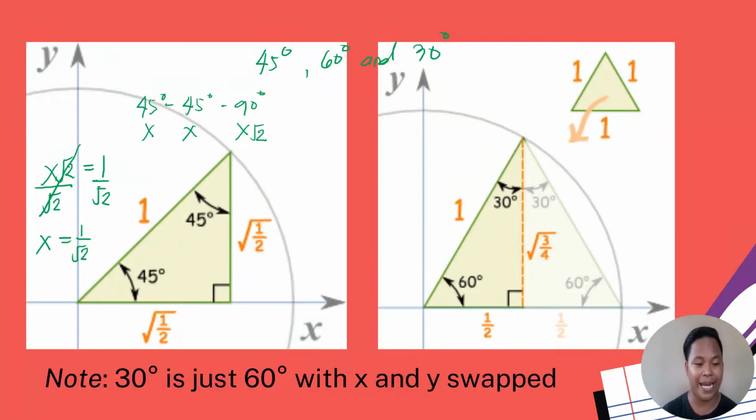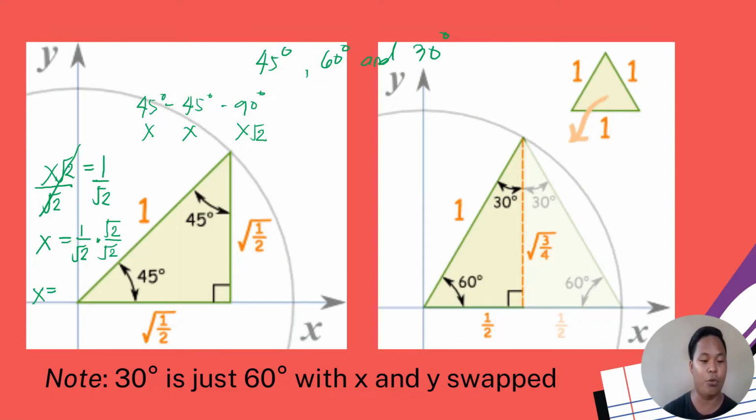Or, we can have square root of 1 half. Since the square root of 1 is 1, and the square root of 2 stays the same since it is irrational. But, we can rationalize this value by multiplying square root of 2 both in the numerator and denominator parts.